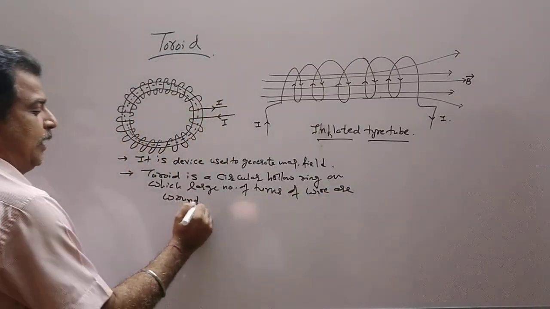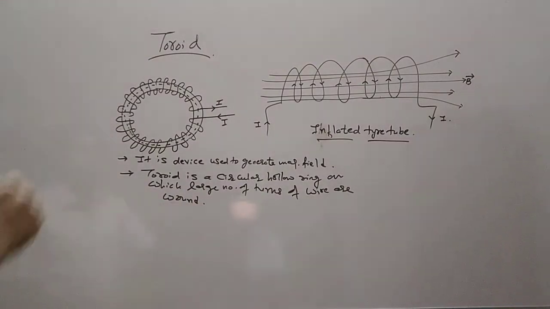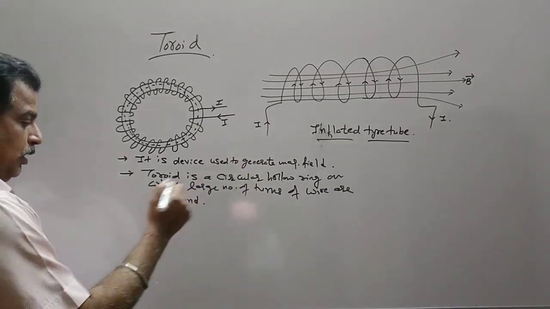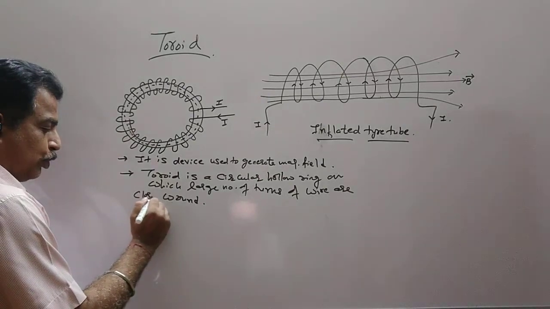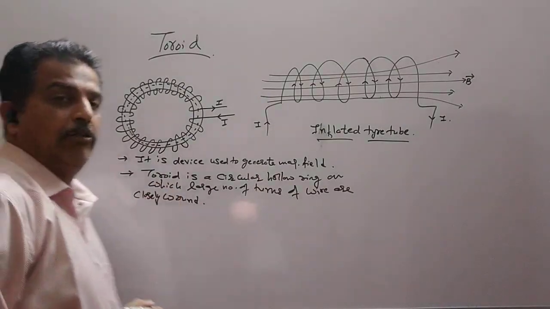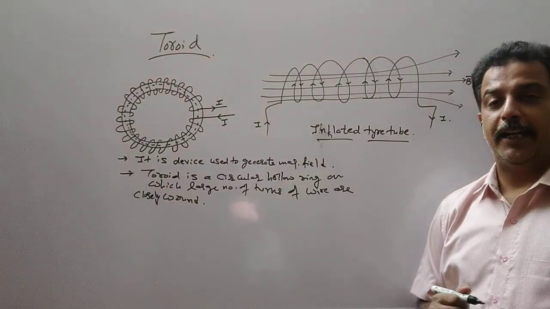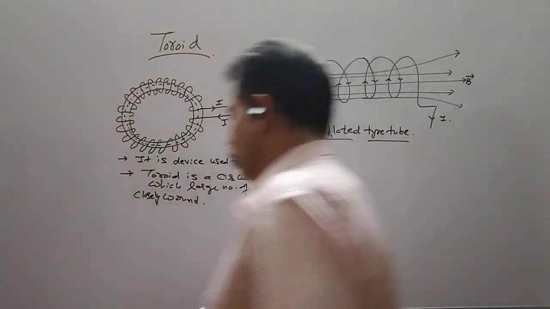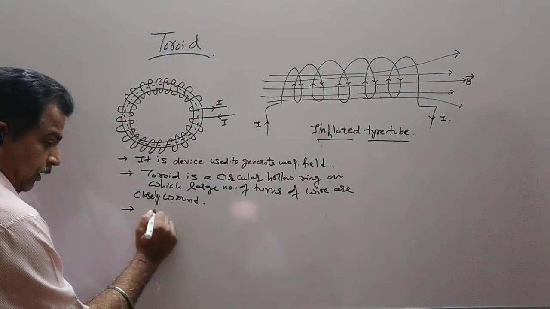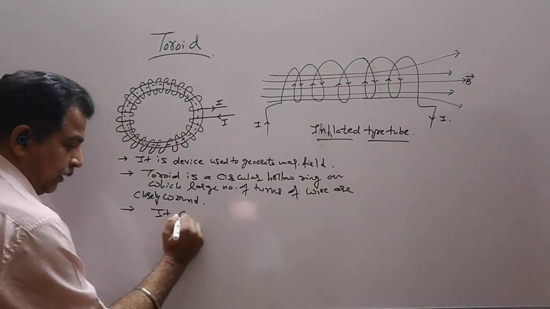So again it is an arrangement where we wind a large number of turns of wire. The wire should be wound close to each other, so the turns are closely wound. This is how we make an arrangement which is called a toroid.